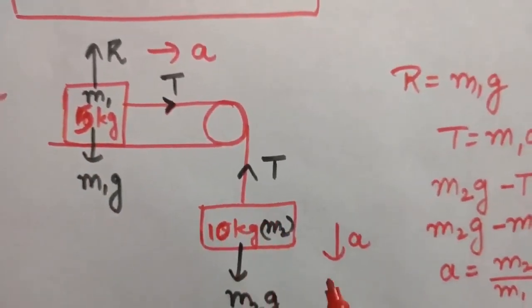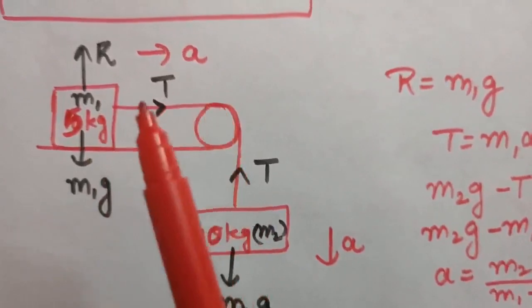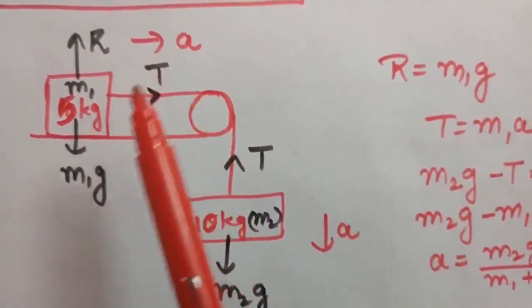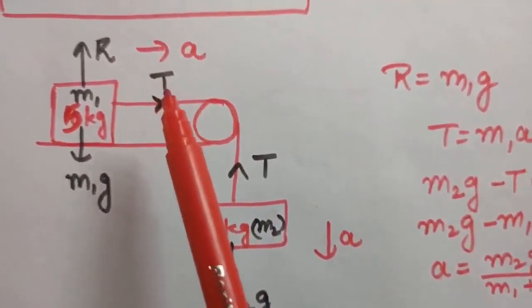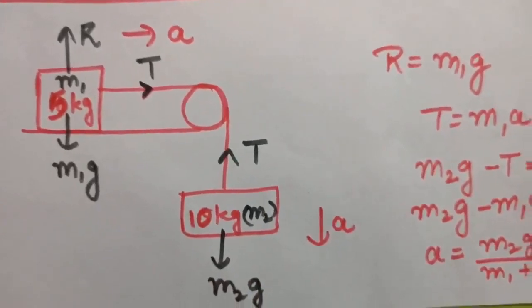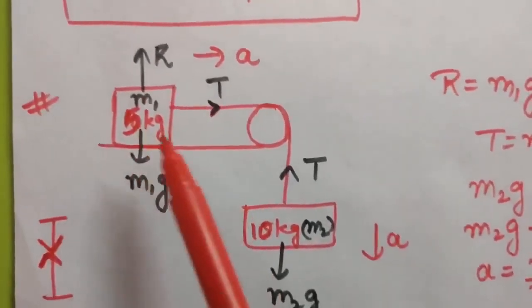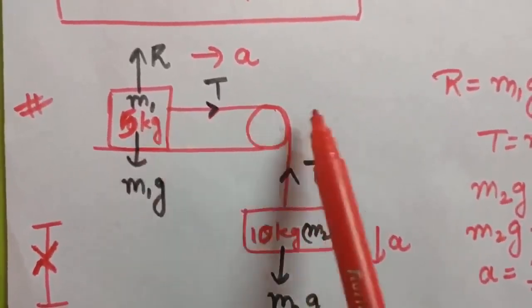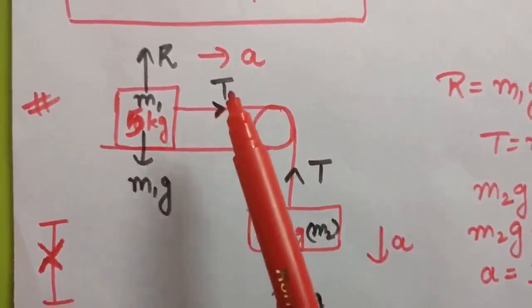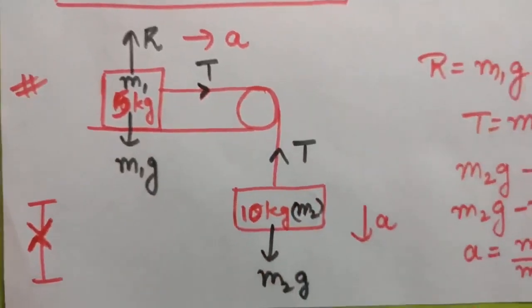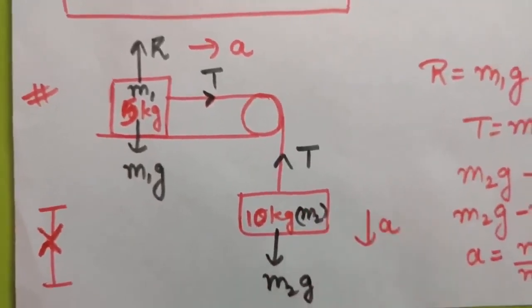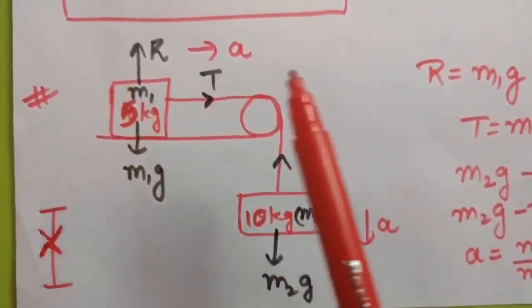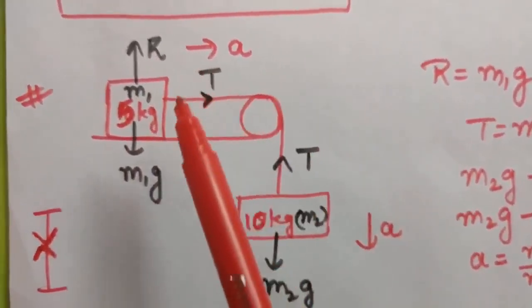If it is moving downward, this will also move, and this will move due to this tension force. So remember this. Because due to this block, this string is stretched in this particular direction, a tension force will act on it to the right side. So this will move downward with acceleration a, and this will move forward with acceleration a due to this tension.